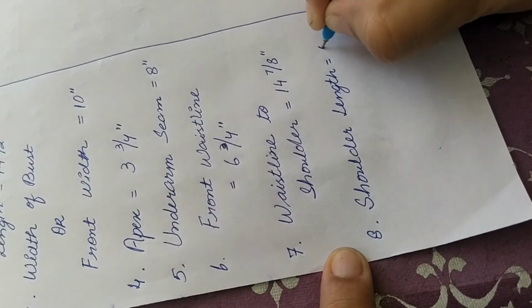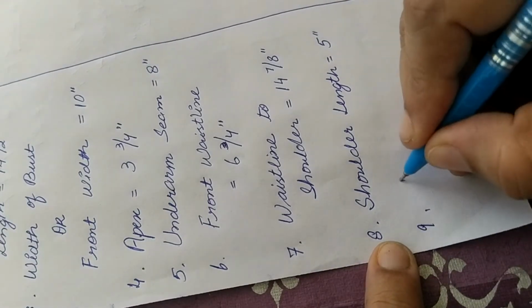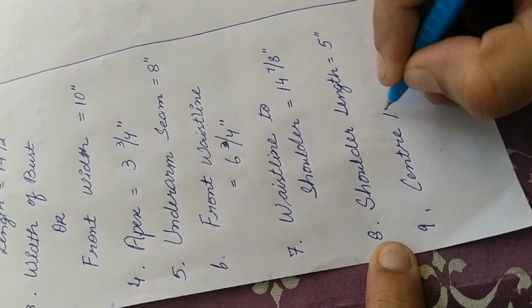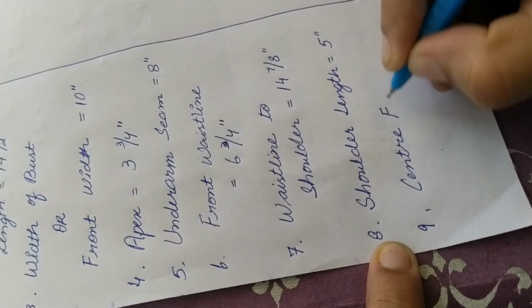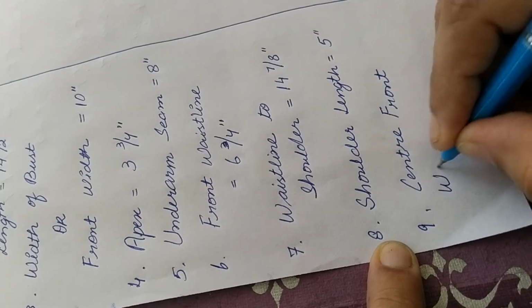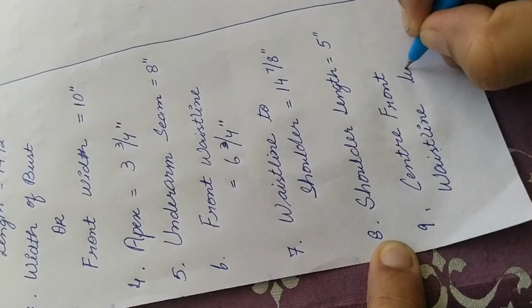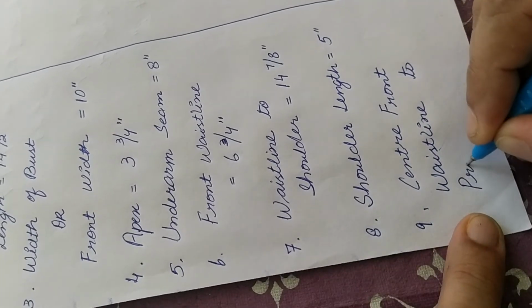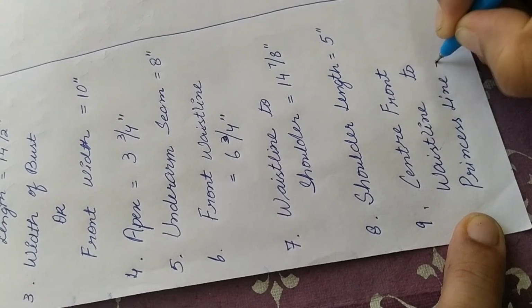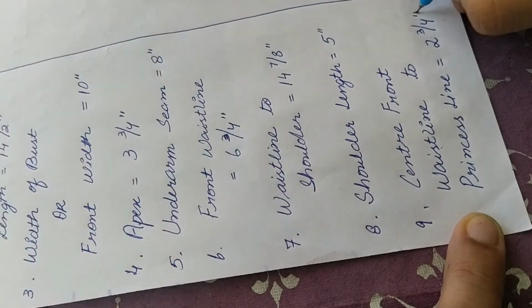Shoulder length is equal to 5 inches. And the last measurement here for the front block development is center front waistline to princess line. And this measurement is 3 by 4 inches.